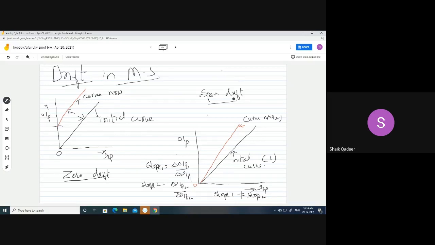Next, there are two types of drift. First one, zero drift. Second one, span drift.